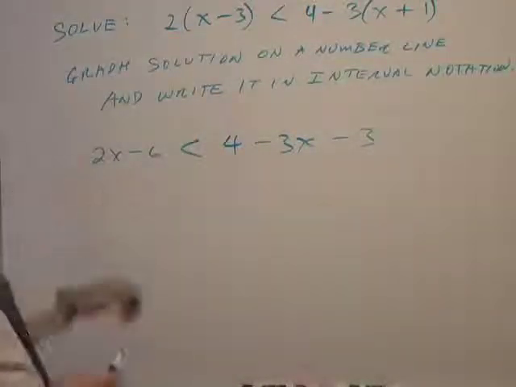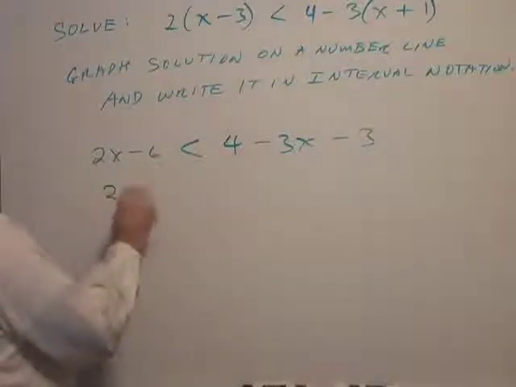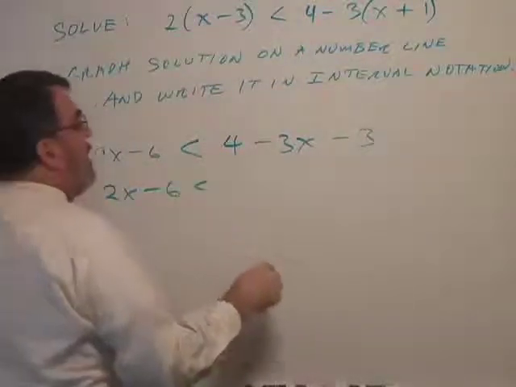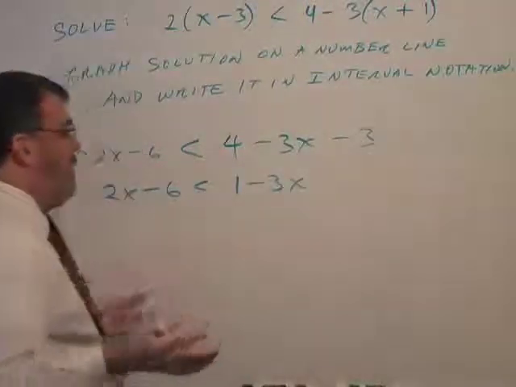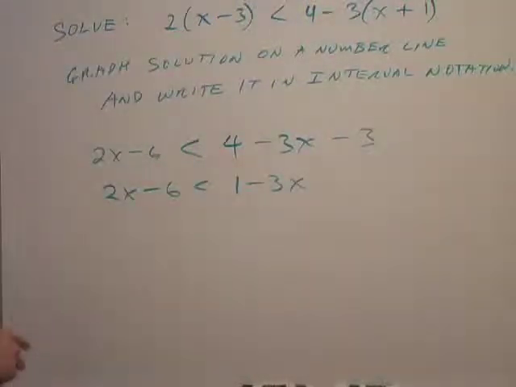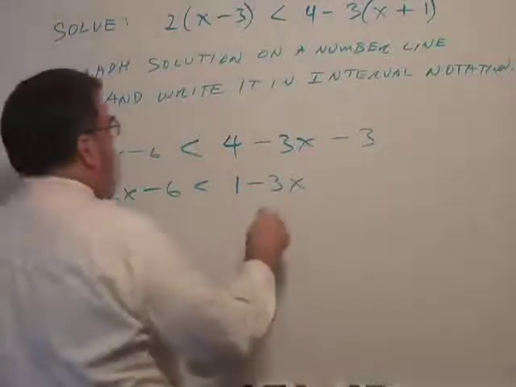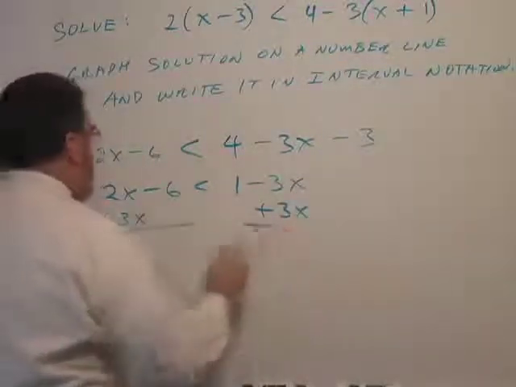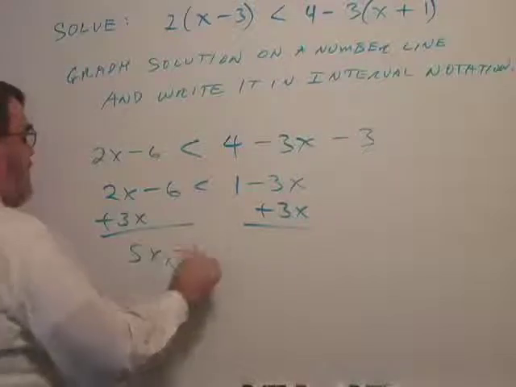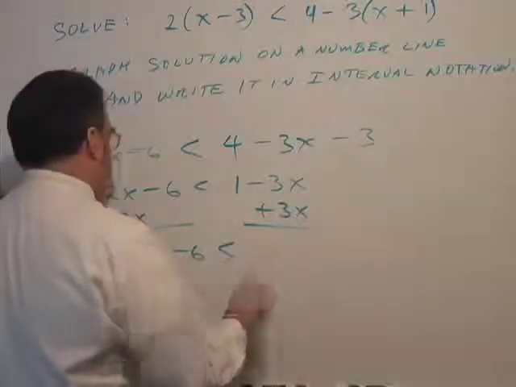I'll go ahead and combine terms on the right side. 2x minus 6 less than, these will combine, 1 minus 3x. Hopefully this is a pretty routine type of problem for you to solve. Simple linear equation. I'm going to add 3x to both sides, and I've got 5x minus 6 is less than 1.